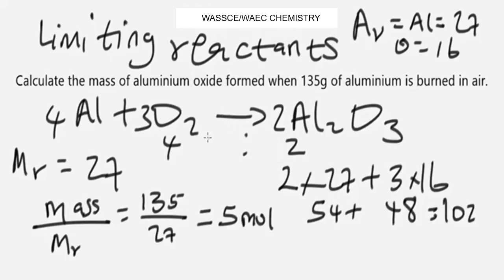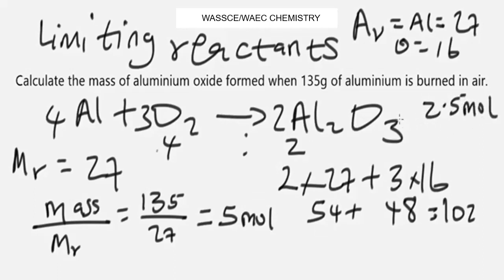Now if we are asked to find the number of moles of aluminium oxide formed, we would have stopped here by saying that 5 moles of aluminium will produce half of that, so half of 5 is 2.5 moles of aluminium oxide.